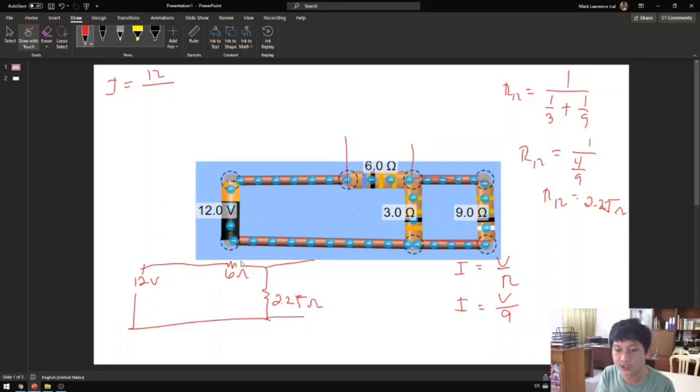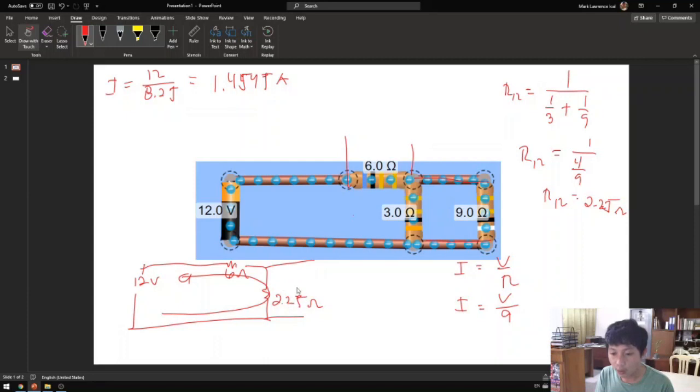The total resistance is 6 plus 2.25, which is 8.25. So 12 divided by 8.25 is 1.45 amperes. So the same current flows through 2.25 and 6.